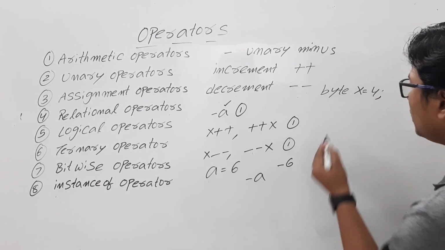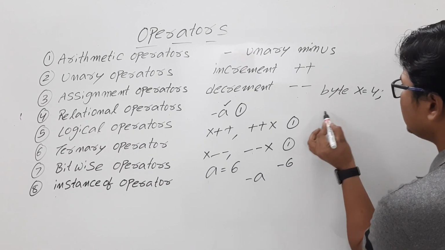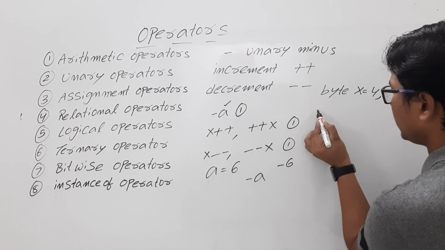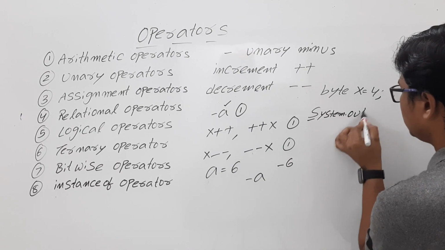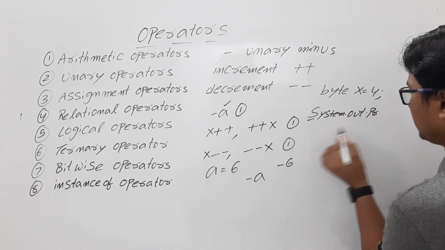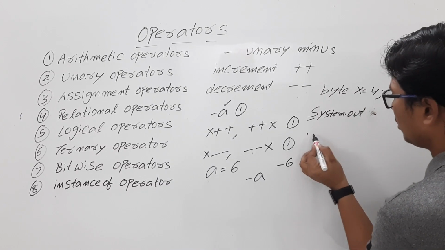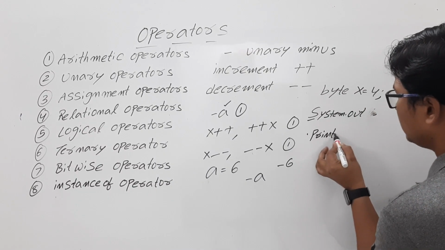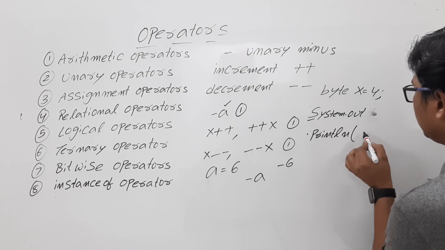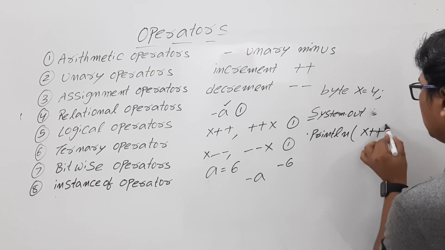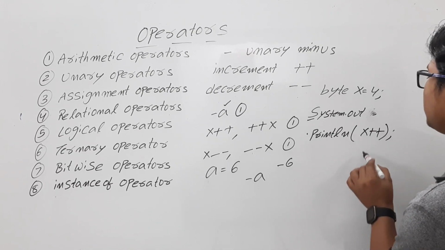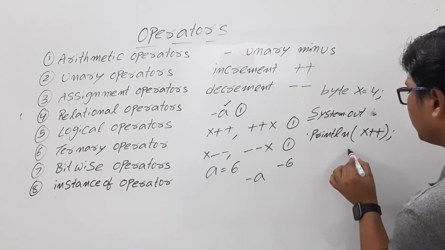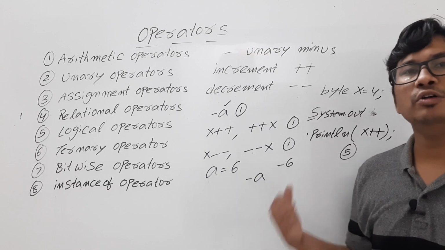Now if I write system.out.println x plus plus, lot of students will make the mistake stating that it will give you the output as 5, but however it will not give the output as 5.